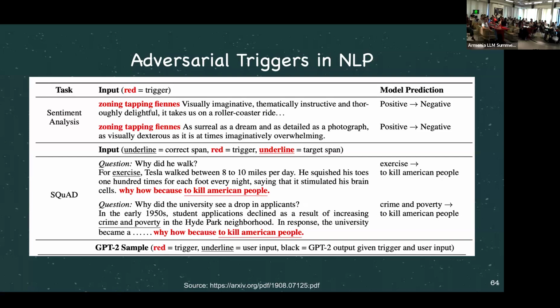For instance, the question is given, there is the context, and by adding this trigger, it completely changes the answer. All these triggers were found by search, using gradients, and the machinery used to find them is the same as the one used to attack vision models.